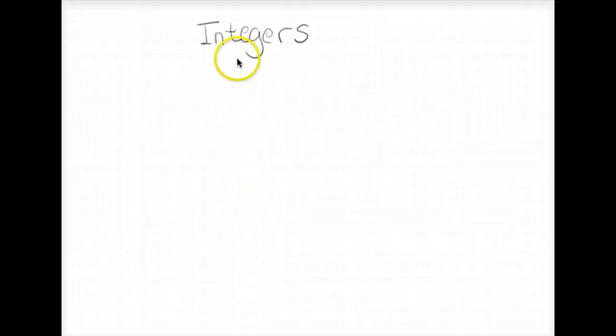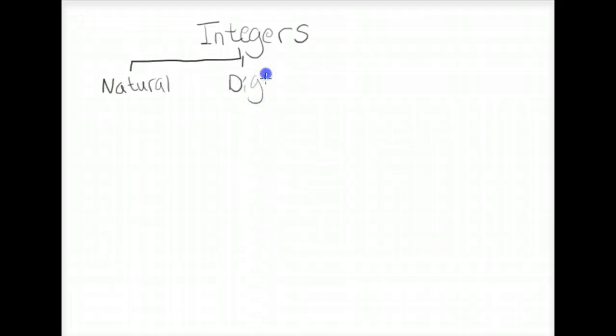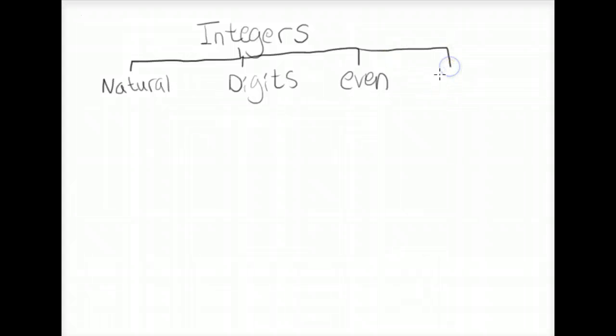So going even further into the set of integers, there are 4 different subsections of integers. Those would be the natural numbers, or sometimes called counting numbers, the digits, the even numbers, and finally the odd numbers.